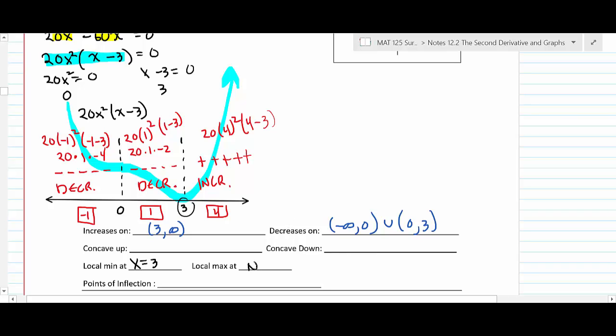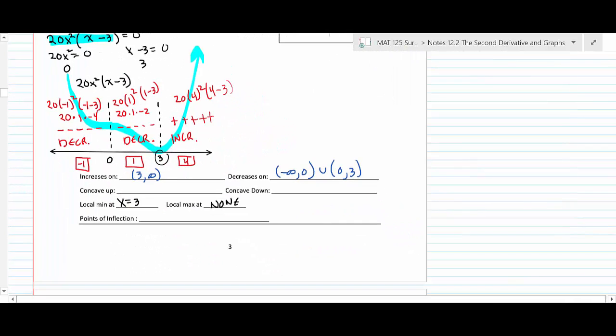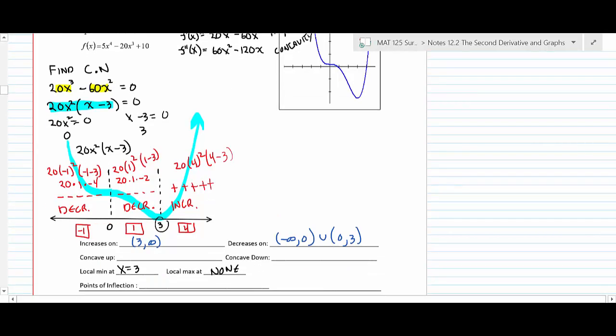Now, what we're going to do next is work on the concavity. That's what's new. That's how you do the increase-decrease like we've been working on today. So now the next thing we want to do is a sign chart, but now you want to write down your second derivative, which is 60x to the second minus 120x equals 0.